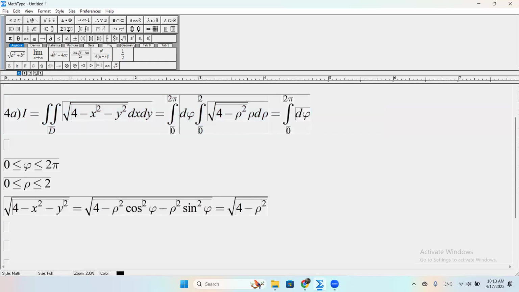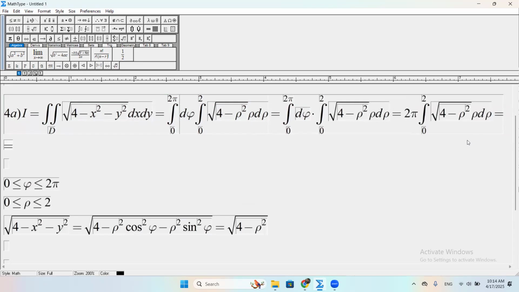So this integral is multiplied by this integral, and calculate each of them separately. So this first actually will be equal to 2pi. So let's not waste our time. It is quite simple. So 2pi by this integral.